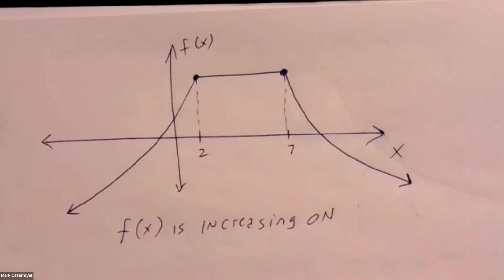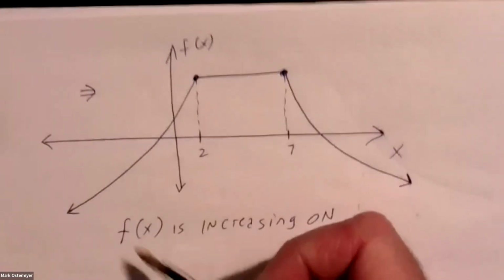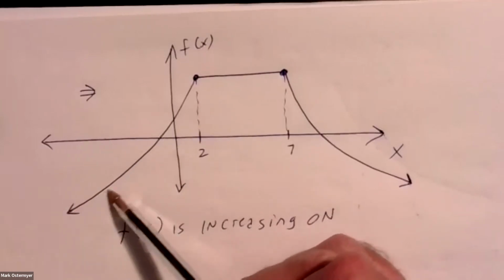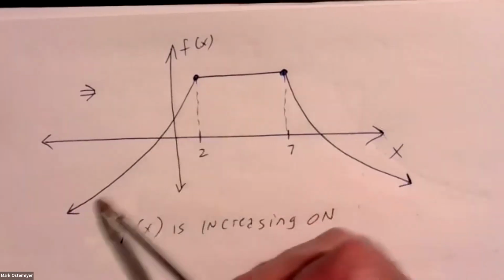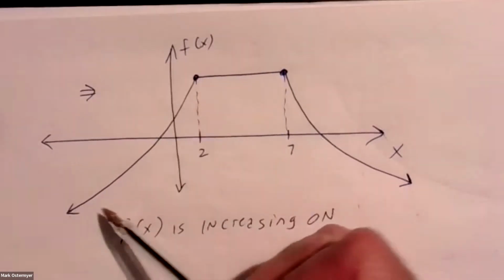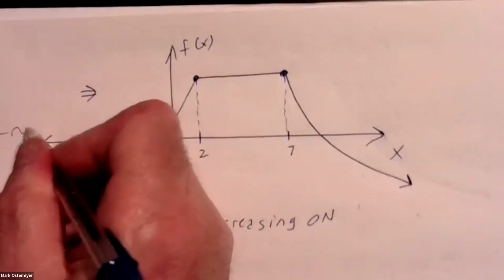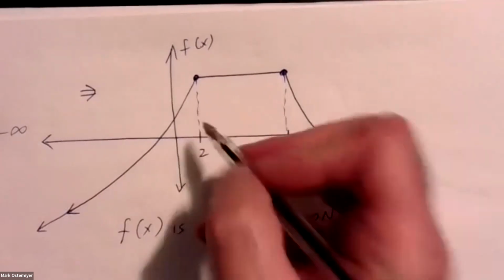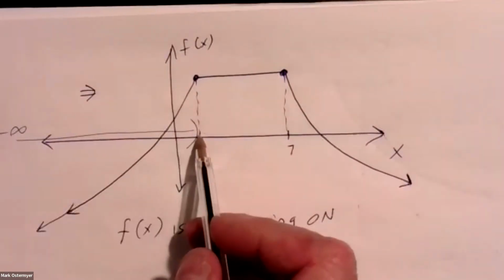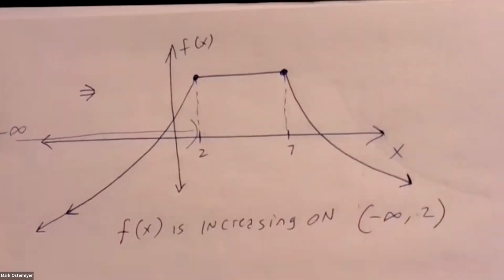So on what interval is this function increasing? Well, from left to right as we move in the plane, on what part of the graph are we rising from left to right? Well, it would just be this portion of the graph here. We're rising up higher on the graph. So we would say that our function is increasing on the interval. This goes forever that way, from negative infinity up to positive 2. So the function is increasing on the interval from negative infinity up to 2. That's the interval in which the function is increasing.